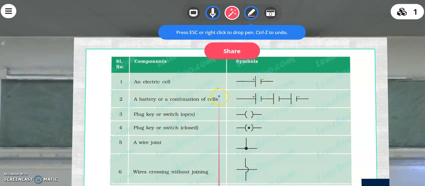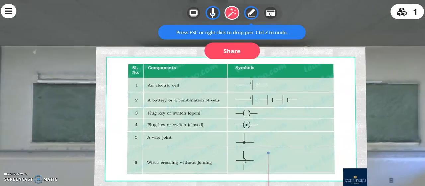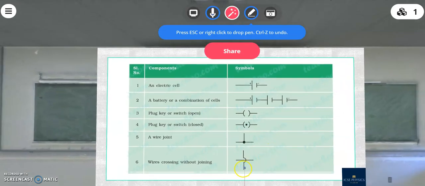A battery or a combination of cells is represented by the same diagram two or three times. Then a plug key or switch, which is an open circuit, is represented like this. Closed circuit is represented in this format. Where there is a joint between wires, it's represented like this. Where there is a crossing without joining, it's represented in this format.